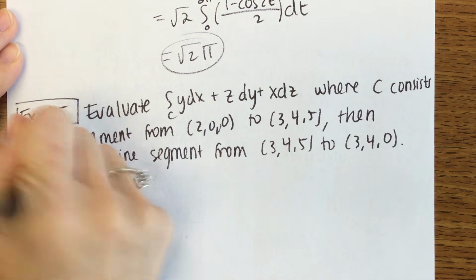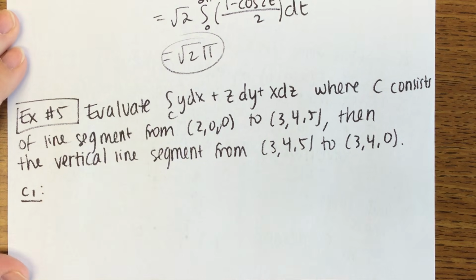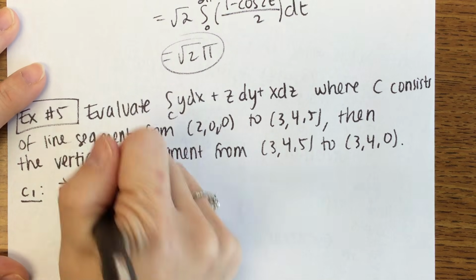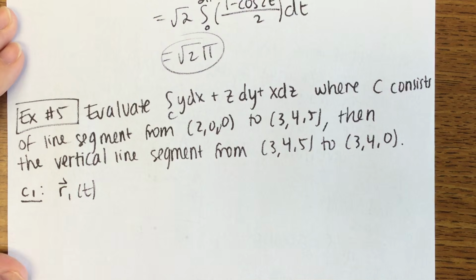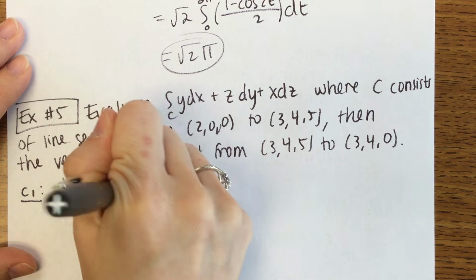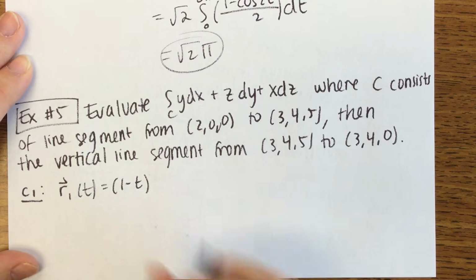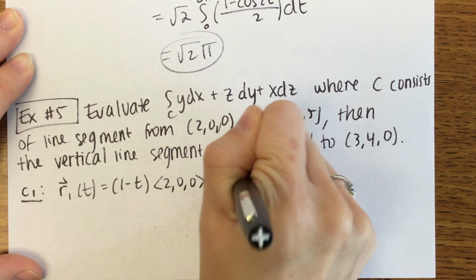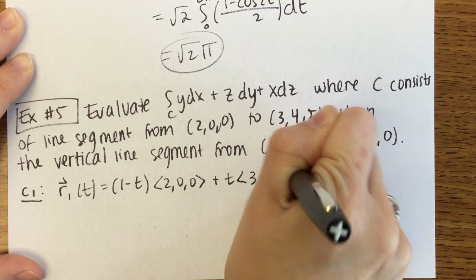So the first curve is that first line segment from 2, 0, 0 to 3, 4, 5. Our R1 of t then, I'm going to use R1 and R2 because it's 2 line segments, is going to be 1 minus t times the starting point 2, 0, 0 plus t times the ending vector 3, 4, 5.